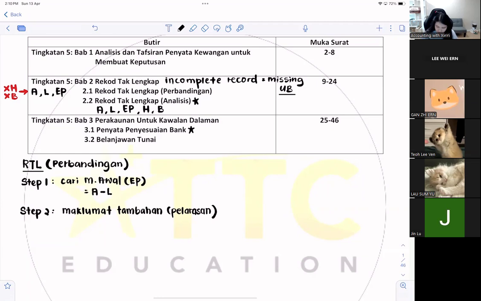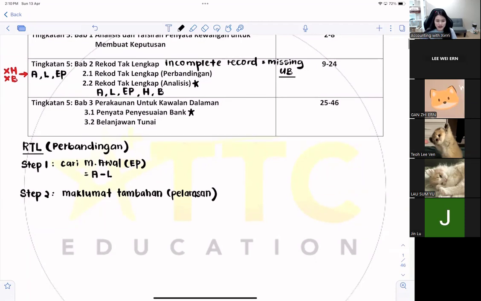So pelarasan that covers like susut nilai, hutang lapor terpulih, PHR, as well as terkurang terlebih. Now we have all of this as well. But do we need to complete both the steps that are stated in the pelarasan? I would say no, because this chapter, for perbandingan method, we only focuses on assets and liability, even for EP only. So you have any hasil or belanja, right? You can say it is part of the process, but we won't label it.